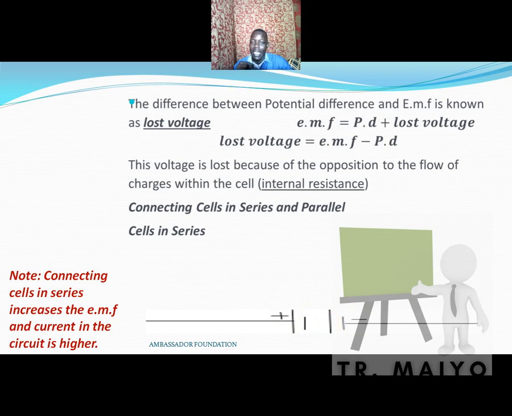So it is a series connection. But if I connect negative to negative of another cell, it becomes a parallel connection. We always connect cells in series to increase EMF and hence increase the current flowing through that particular circuit.